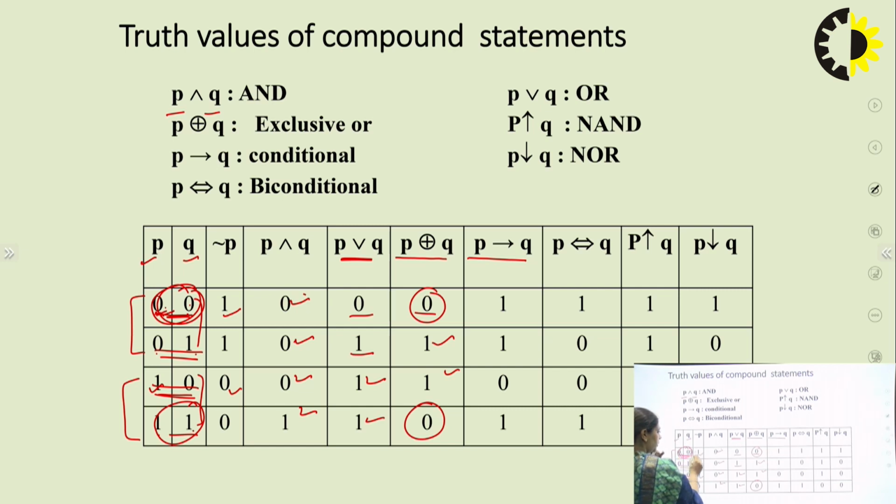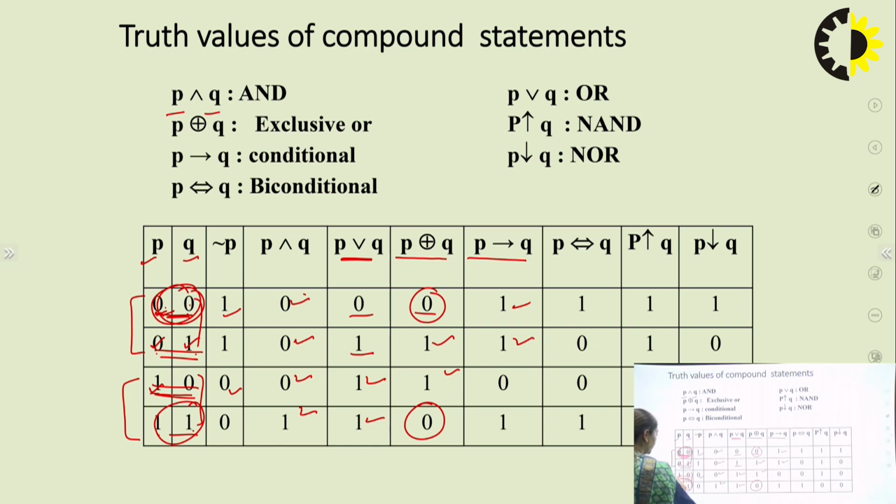P is 0, Q is 0, so output is 1, right? Because output is high. P doesn't happen, so Q can be anything. The output is high here in this case. Now, in the second case, P doesn't happen, but Q happened. It may or may not happen, so again, output is high, right?